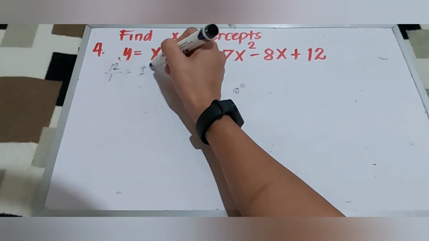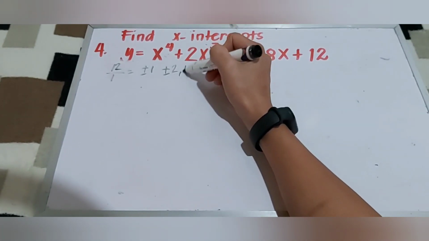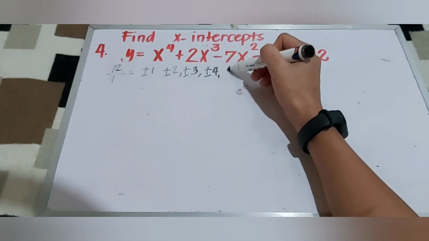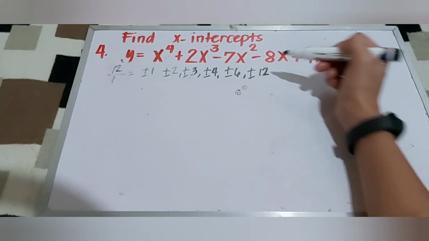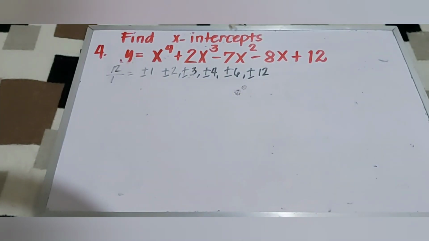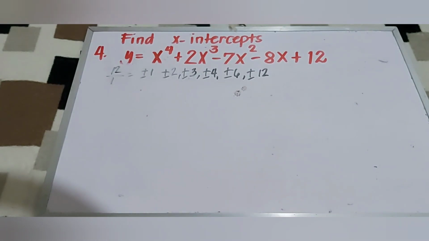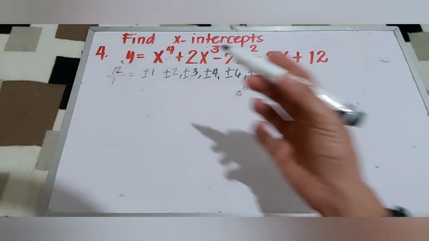So, positive and negative 1, positive and negative 2, positive and negative 3, positive and negative 4, positive and negative 6, positive and negative 12. Medyo marami. Lahat ng yan pwede maging roots or factors ng ating polynomial. Okay, so yun ang magbibigay sa atin ng x-intercepts.